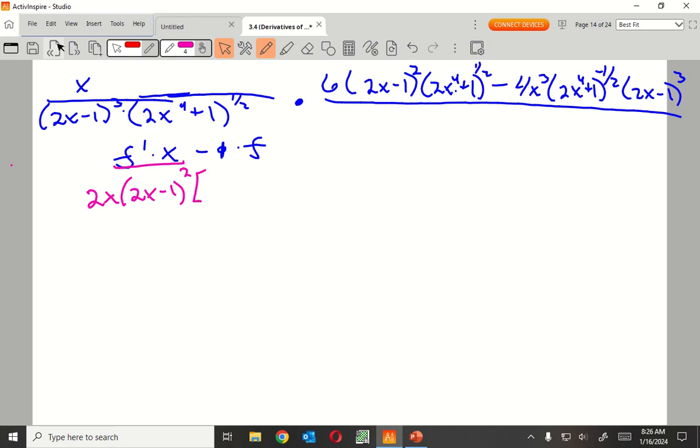So I'm doing this piece right here. Yeah, it's super long, so that's why I just put the x out there.